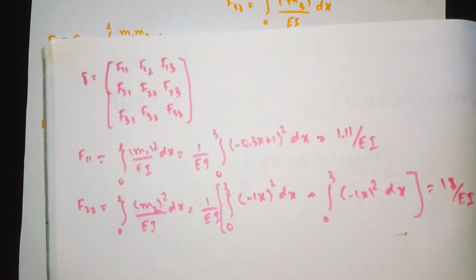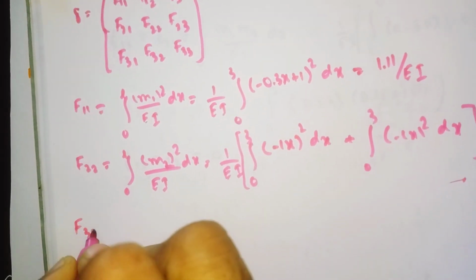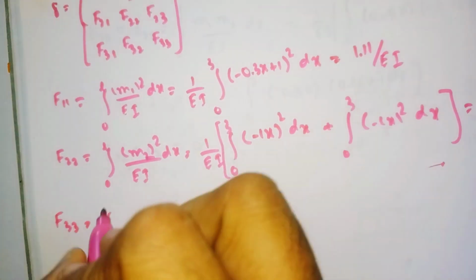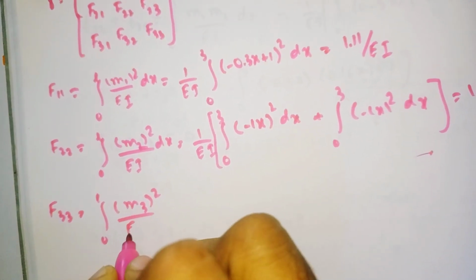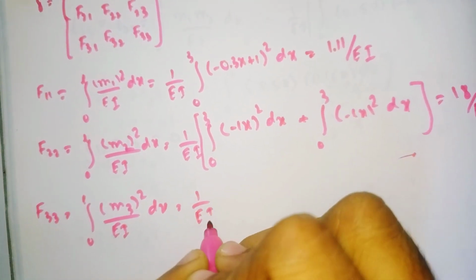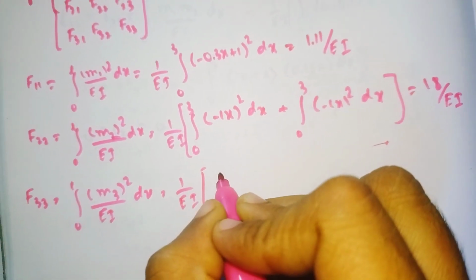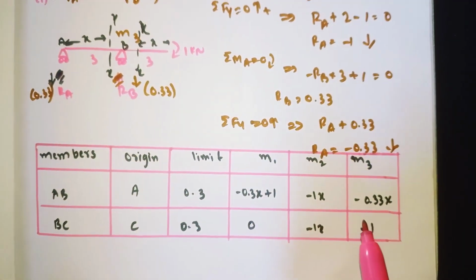Similarly, we will calculate for F33. So F33 is equal to, we have the formula, integration of 0 to L, M3 square divided by EI into dx. So 1 divided by EI I am taking outside, it is constant. Integration of 0 to L. So the limit for AB is 0 to 3.